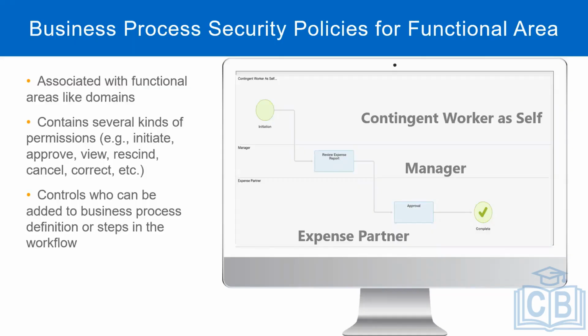Who can cancel an in-progress business process, who can correct or make changes to the business process. Each of those kinds of things will be controlled by the business process security policy. And another important thing is the business process security policy also controls who can be added to the business process definition or steps in the workflow.